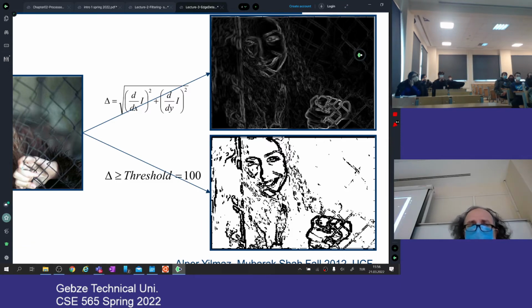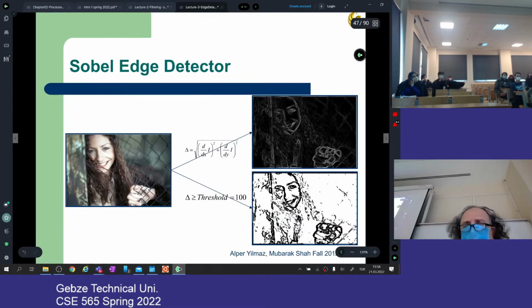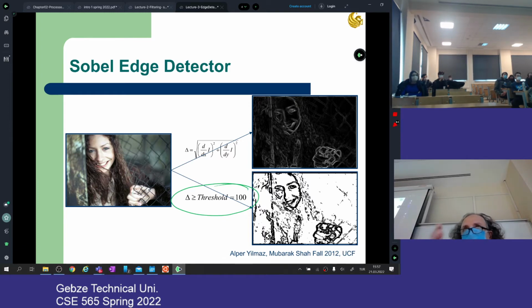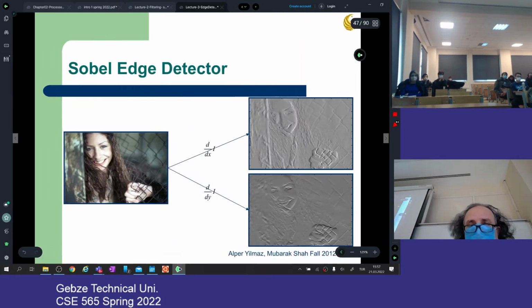So how many parameters do we use for this algorithm? One parameter is this threshold, right? We need to make a decision. I mean, what is my threshold value? 100 or 50 or 200? I don't know. That's one parameter.